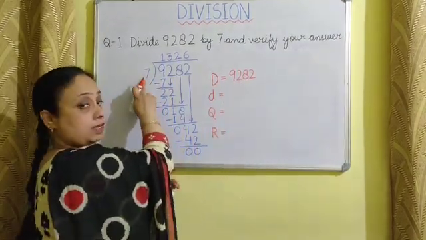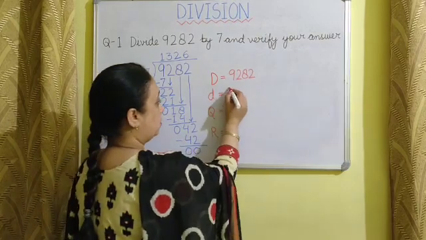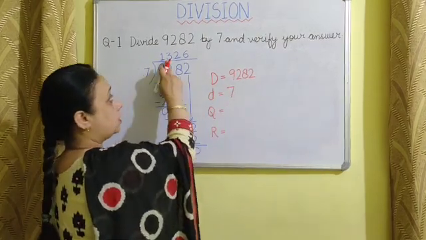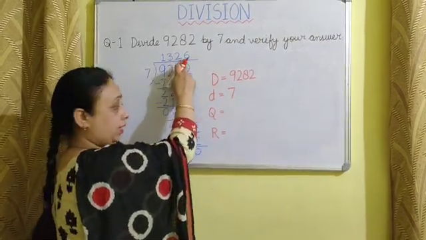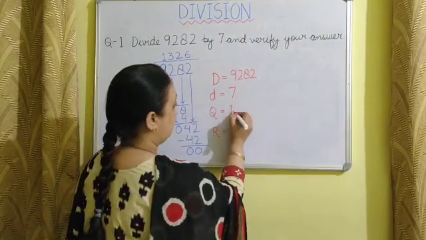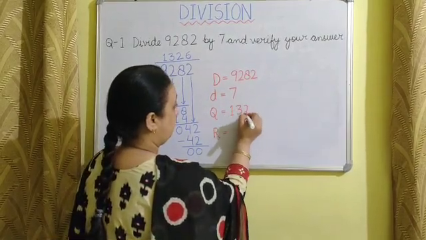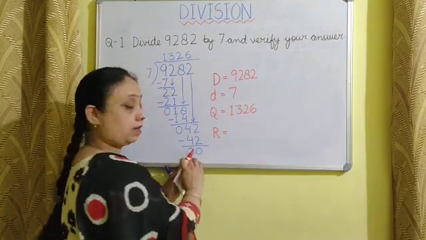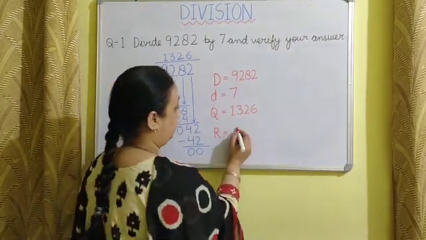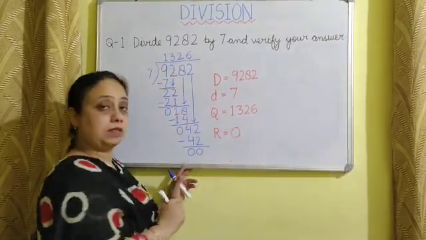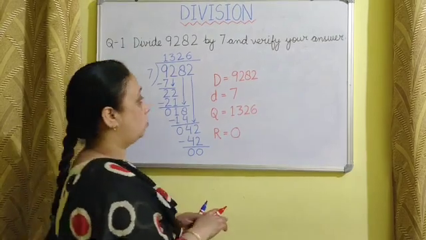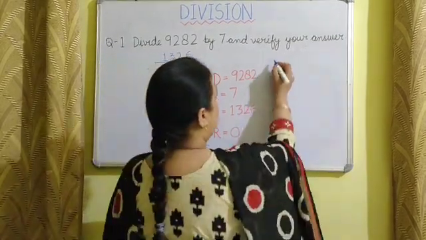Then the divisor is 7. The quotient is 1326. And the remainder is 0 here, so we'll write 0.